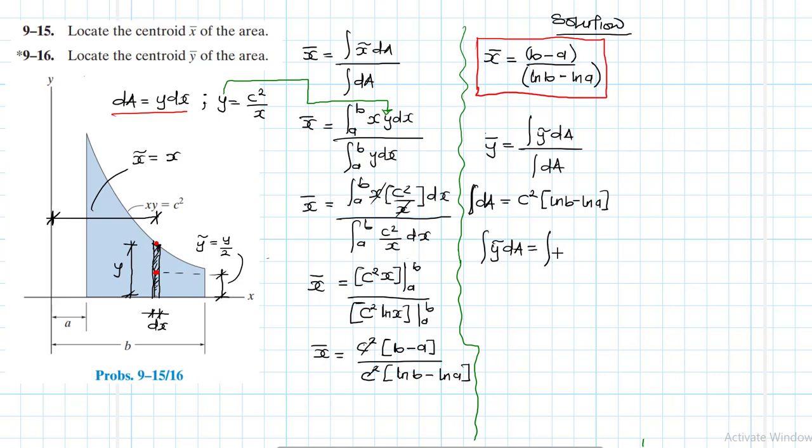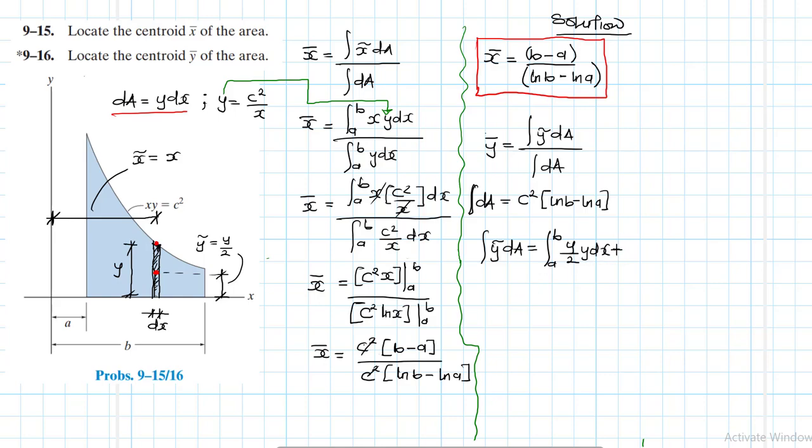This is going to be equal to, integrating from a to b, y cubed, which is equal to y over 2 times y dx.